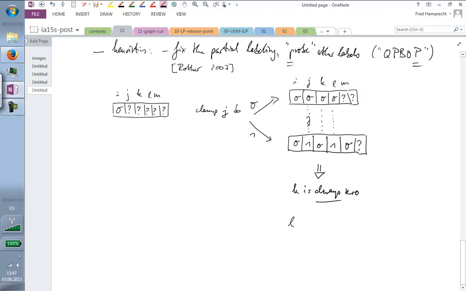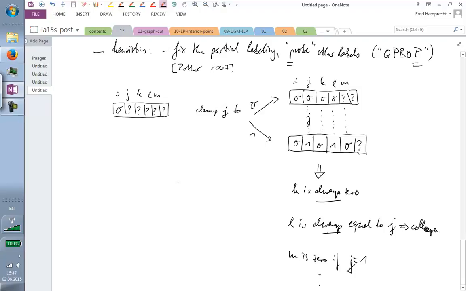So I can say that L is always equal to J, and then I can collapse these into a single node. I replace the 2 of them by a single node, or reserve just a single label for two of them. Or I can make statements like here, M is 0 if J is 1, and so on.